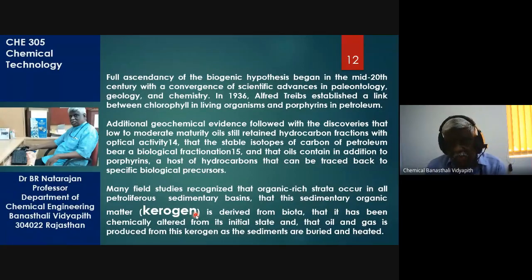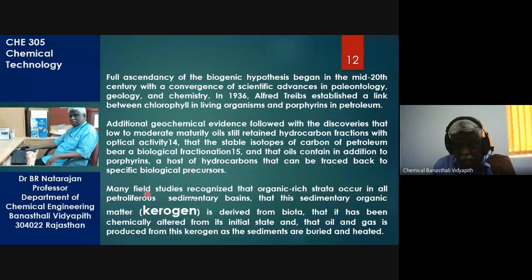Like we had peat, subbituminous, bituminous, etc., here the starting point was called kerogen. It is a loose slush of hydrocarbon, but not fully formed. Kerogen is derived from biota, that is, biological material. It has been chemically altered.